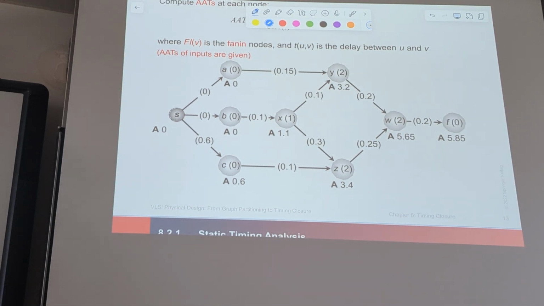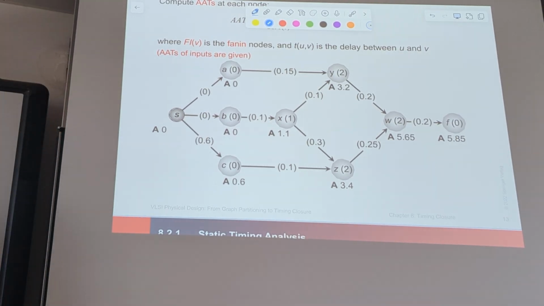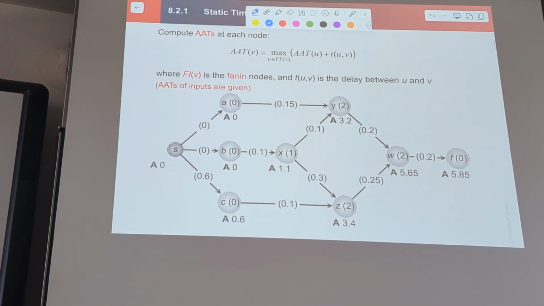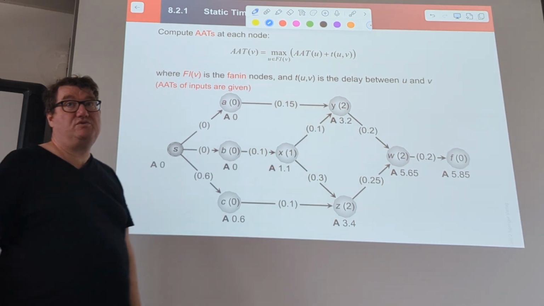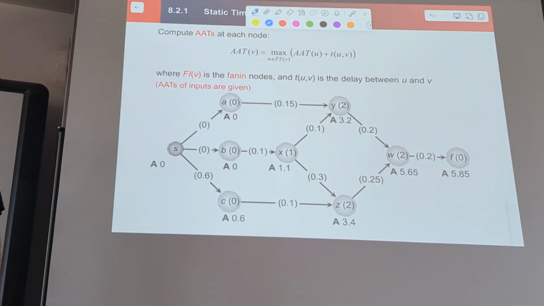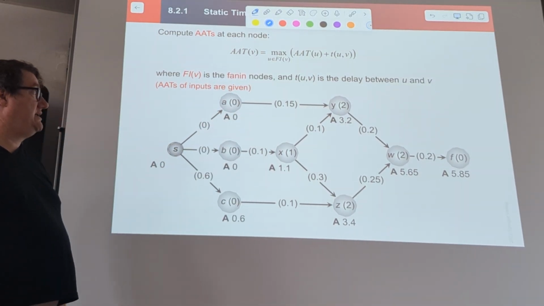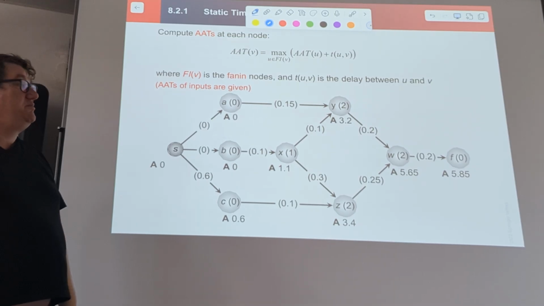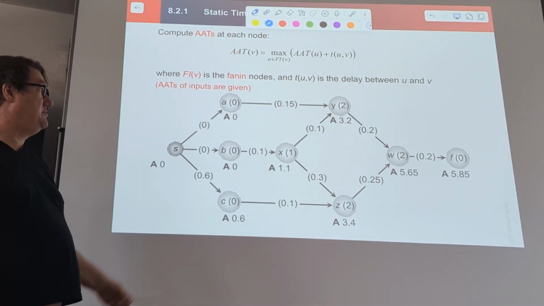So let's evaluate this function for this case here, Y2. Y2 has a fan-in of 2. This procedure means we look at every input and check what our time is there.